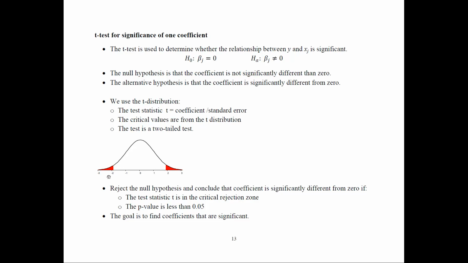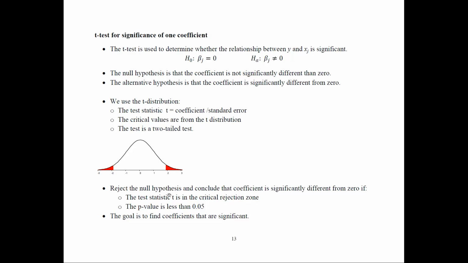So instead of just talking about the coefficients here, they're normalized by the standard error. So if a coefficient or the t-statistic falls somewhere here, we would say, well, that's not significantly different than 0. But if it's way out here in the rejection area, we would say that the coefficient is significantly different than 0. So we have two rejection rules.